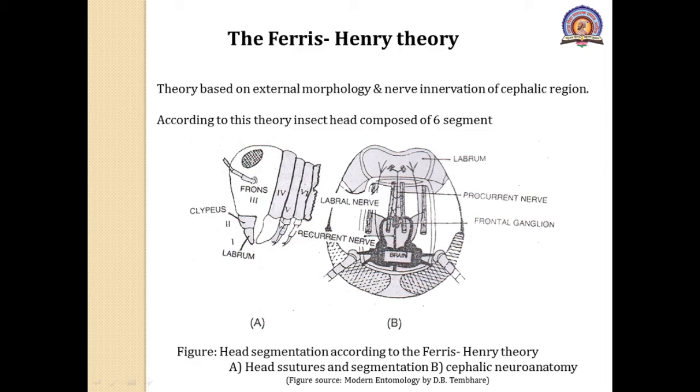According to Ferris, the intercalary segment is fantastically investigated, and actually it does not bear any true identity as well as any relevant evidence. They do not agree with the previous people who have given theories mentioning the presence of this intercalary segment. According to this theory, there is no such intercalary segment present in the insect head.